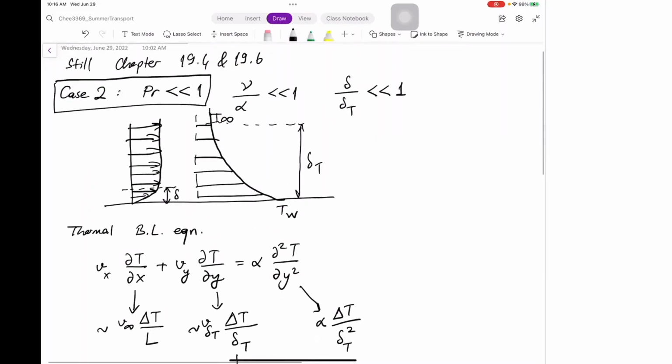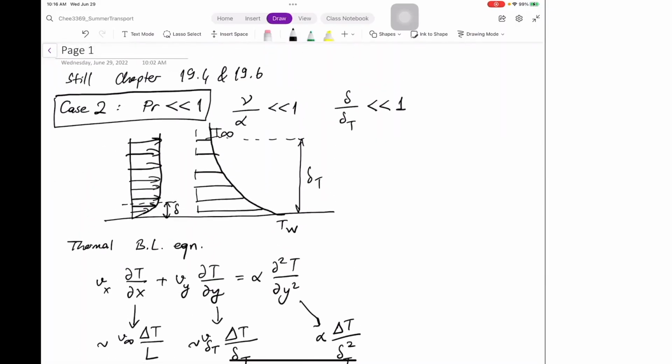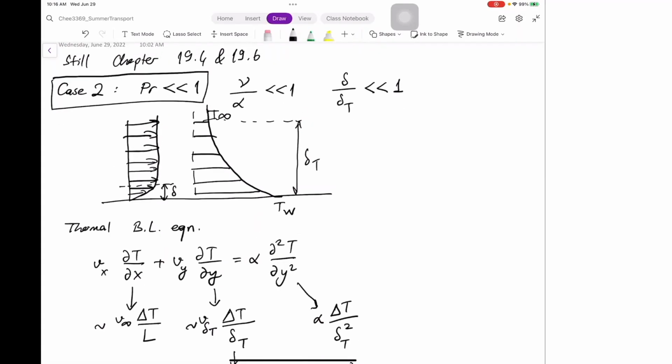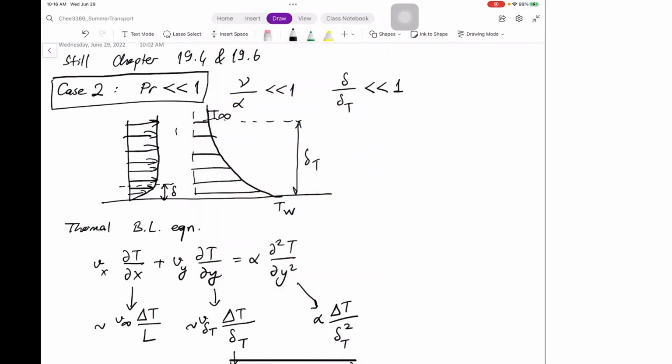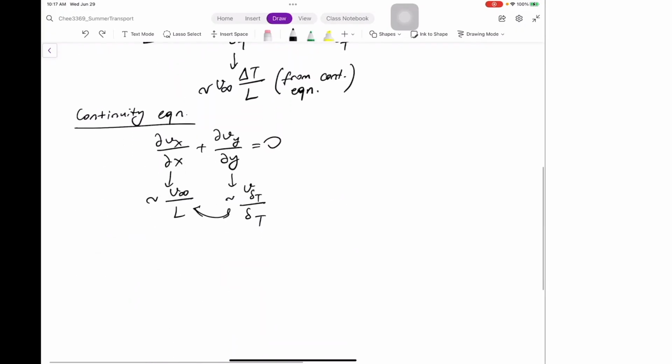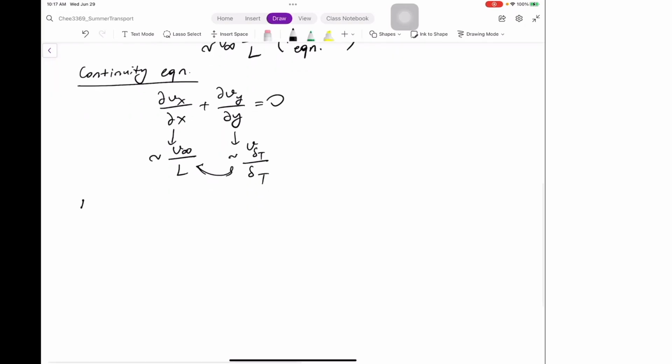Now let's have a look at this. Now, what is my region of interest? Here. My region of interest, I want to solve the thermal boundary layer equation. So my region of interest is the thermal boundary layer, this one, not this one. So I should not focus myself on delta, but the delta t. Oops, let's write it down here. Region of interest is the thermal boundary layer.